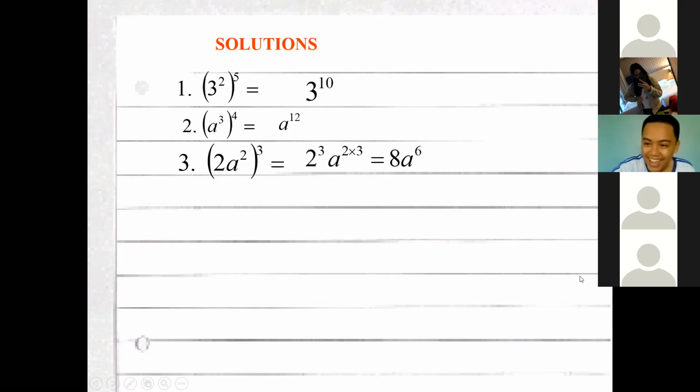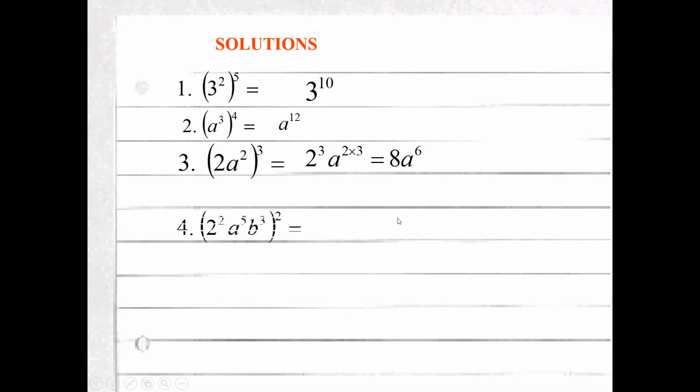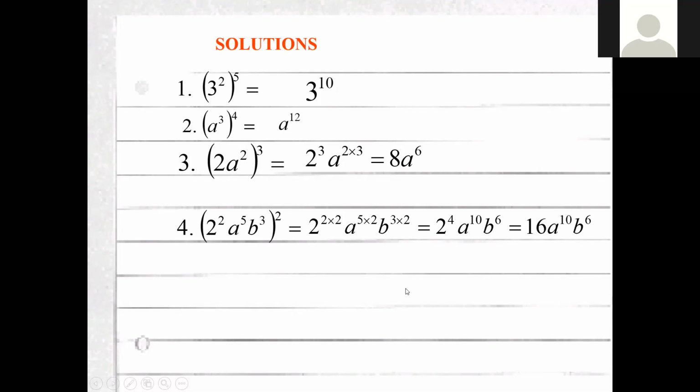So let's proceed with number 4. Corinne, number 4. 16, 8 to the power of 10, b to the power of 6. So what's the exponent of b? 6. I heard it wrongly. So we have 16, 8 to the power of 10, b to the power of 6. Very good.